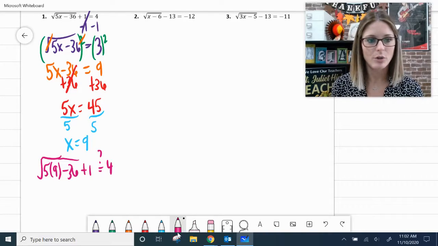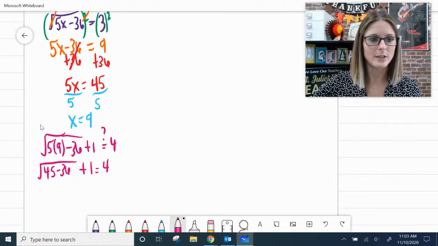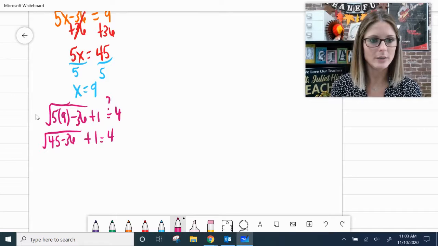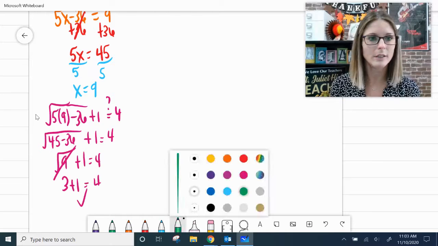Let's see. 5 times 9, 45 minus 36. 45 minus 36 is going to give us 9. Square root of 9 is 3, plus 1 does in fact equal 4. Check. So this answer is good.